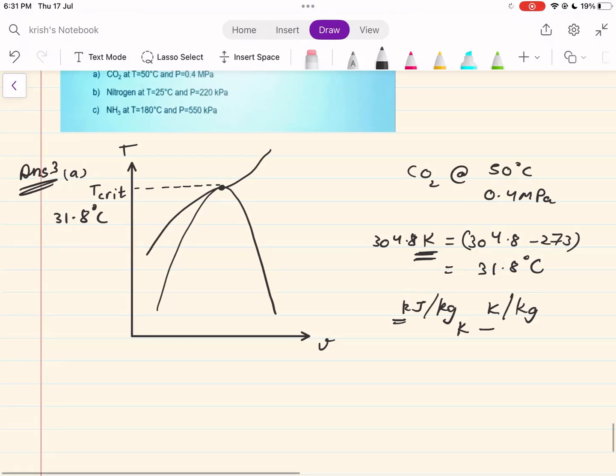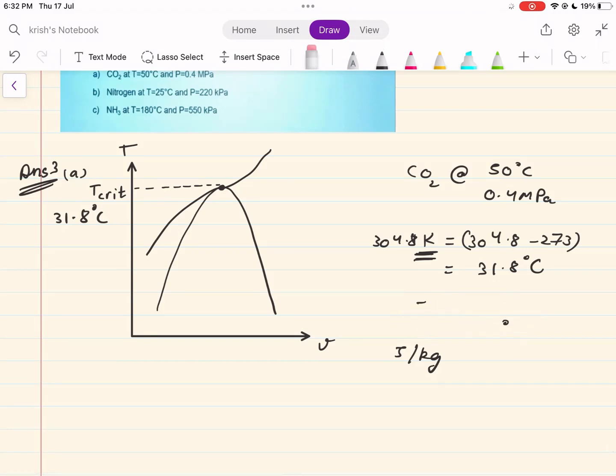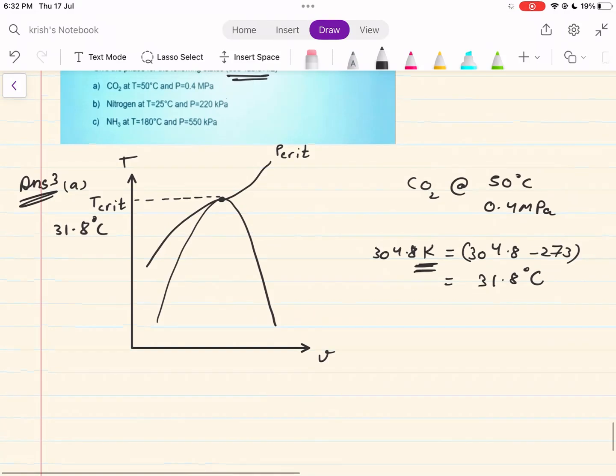So we have to convert all of these to degrees Celsius and joule per kilogram, right? So taking note of the unit is very important, because if I had taken it to be 304.8 degrees Celsius, then obviously my answer would have changed completely, right? So T crit is 31.8 degrees Celsius, and this is the critical pressure line.